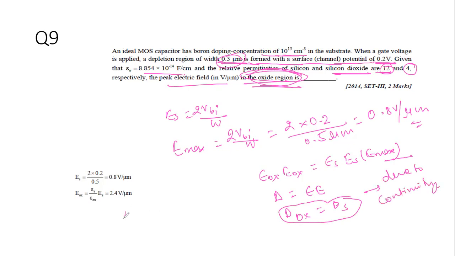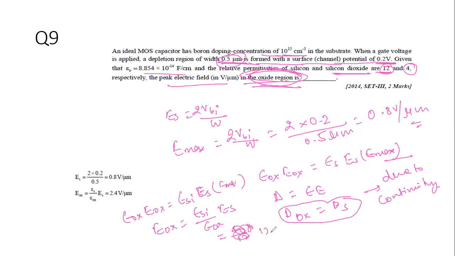So epsilon ox into E oxide is equal to epsilon silicon into ES, and this is nothing but E maximum. So E oxide equals epsilon silicon upon epsilon oxide into ES, and epsilon silicon is 4 times epsilon silicon, so this is 4 upon 12 into E maximum.